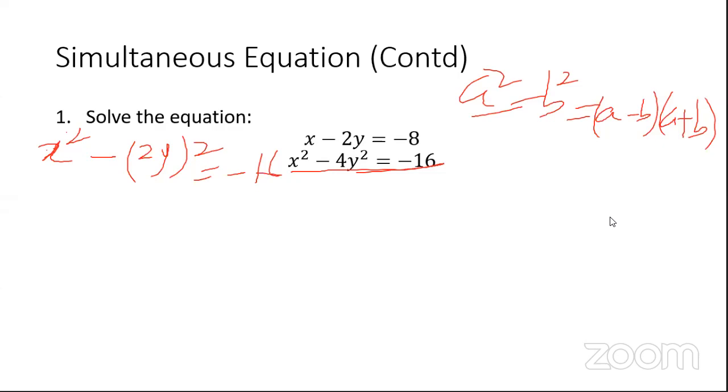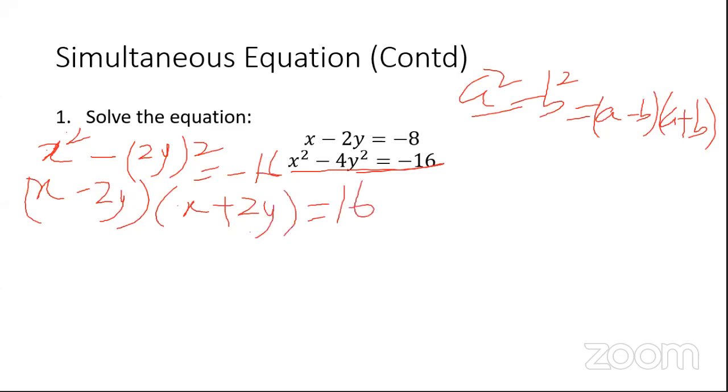So for this one now, I can have it as (x minus 2y)(x plus 2y) equals minus 16.